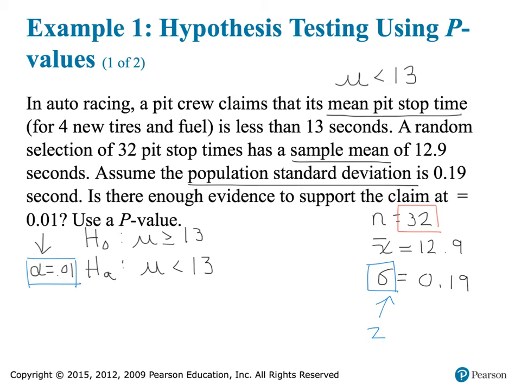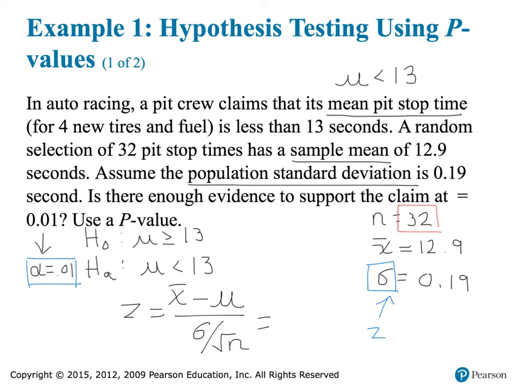All right, so fourth, let's calculate our standardized test statistic. So in a test for z, we take our sample average minus our population average and divide by our standard error.